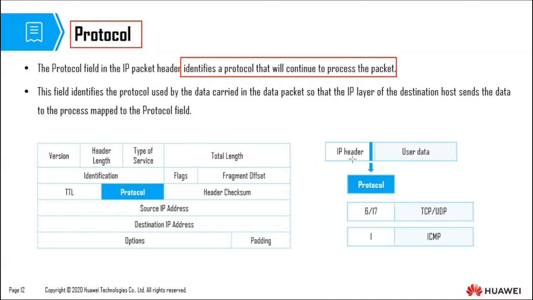That protocol might be a network layer protocol like ICMP, or it might be an upper layer protocol, a transport layer protocol, TCP or UDP. So normally at the protocol field, we will have a value 1 if we are supposed to pass this packet to ICMP. We will have a value 6 if we are supposed to pass this packet to TCP, and 17 if we are supposed to pass it on to UDP.